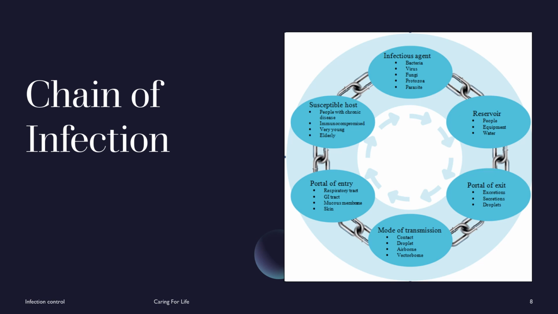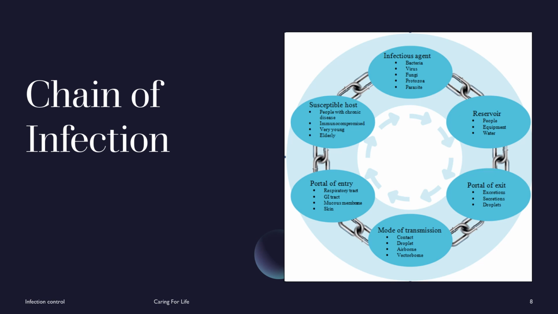You have contact, that's from person to person, or it could be indirect, from person to a contaminated object to a person. Droplet: coughing, sneezing, talking. Airborne: this is where it's going to linger in the air and somebody's going to breathe it in. Now vector-borne is transmitted through a vector, and a vector is an insect or considered a rodent that's going to transmit it that way.